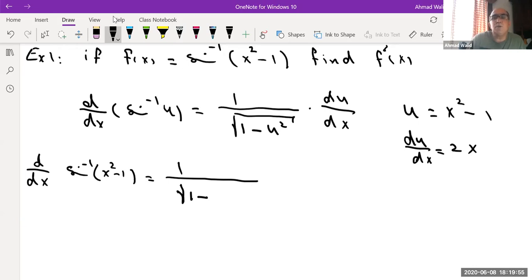What is your u? Your u is x squared minus 1, and because you have u squared, here it is squared, times du/dx, which is 2x. Let's simplify.